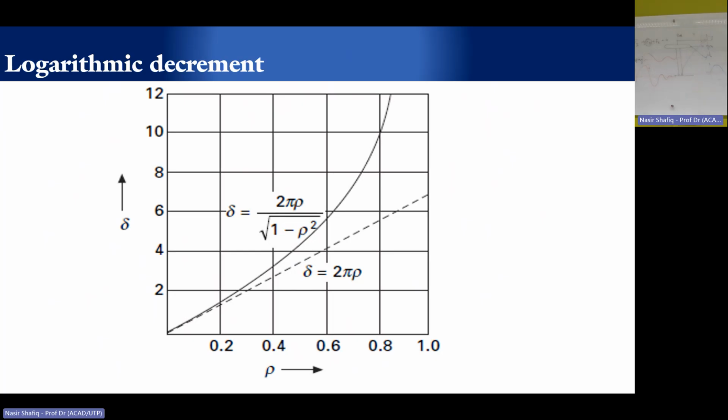So from here we have calculated the logarithmic decrement. Because the cycle amplitude is decreasing due to the damping ratio, we can calculate it. Practically, we can use this or that.